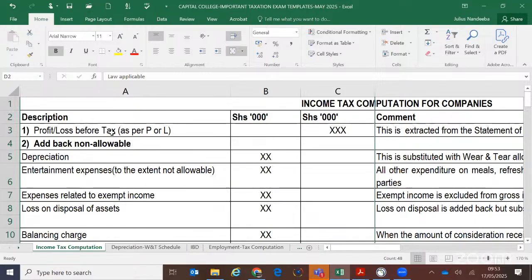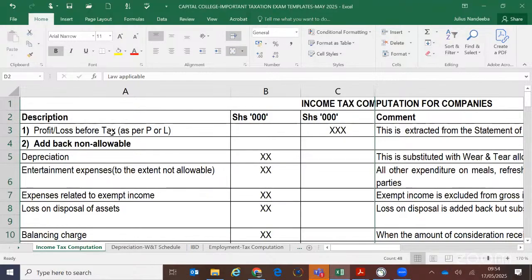Ladies and gentlemen, non-allowables are coming from the statement of profit or loss as expenses, which you have decided are not allowable expenses. That you're saying the accountant shouldn't have removed them. I want to add them back. So if you find you're adding back something that did not come from the profit or loss, then you're doing a wrong thing. Because how can you add back what was never subtracted?